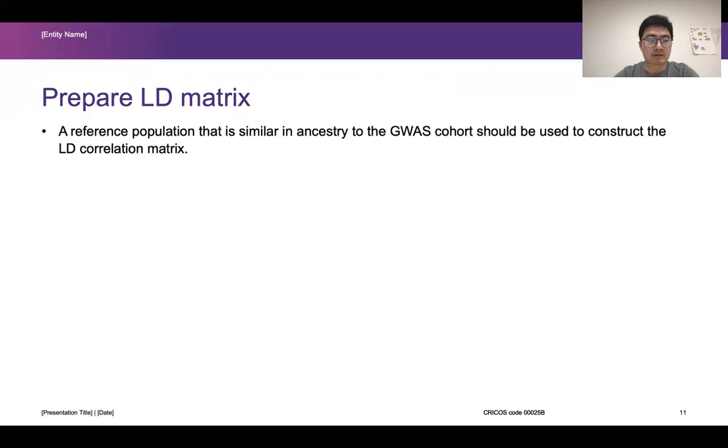And if you want to compute the LD matrix by yourself, it is very important to remember that using a reference population that is as close as possible to the GWAS cohort, at least in the ancestry genetic information, is quite important. Otherwise, if there is a systematic difference in LD between the GWAS and reference sample, it may cause a convergence problem.